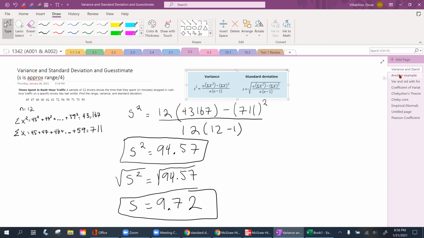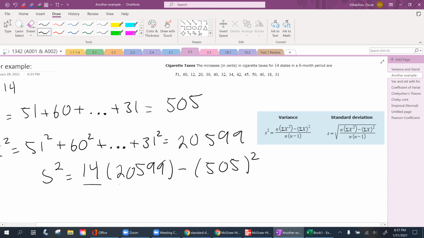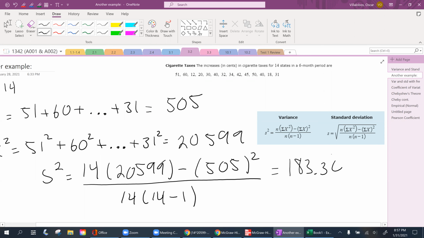So my variance is going to be 14 times 20,599 minus 505 squared, over 14 times 14 minus 1. Let's see what that gives us. For my variance to 2 decimals, I get 183.30.